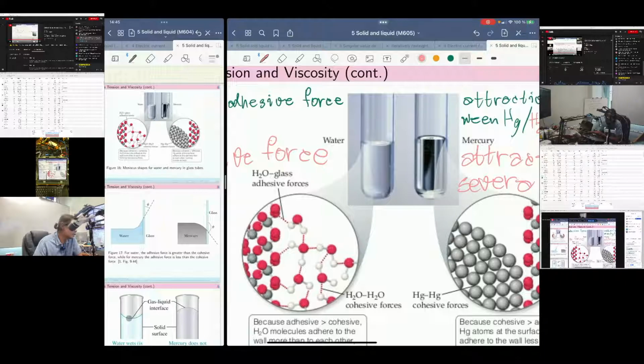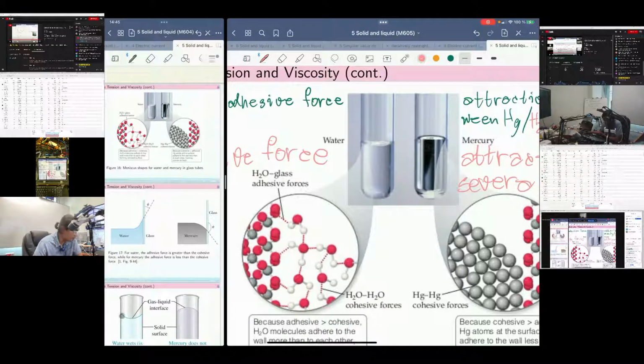And once we get to the middle of the capillary tube, it's far from the glass, and the attractive force is not strong, right? There is only cohesive force among several molecules of water, right? So there is no adhesive force at all.